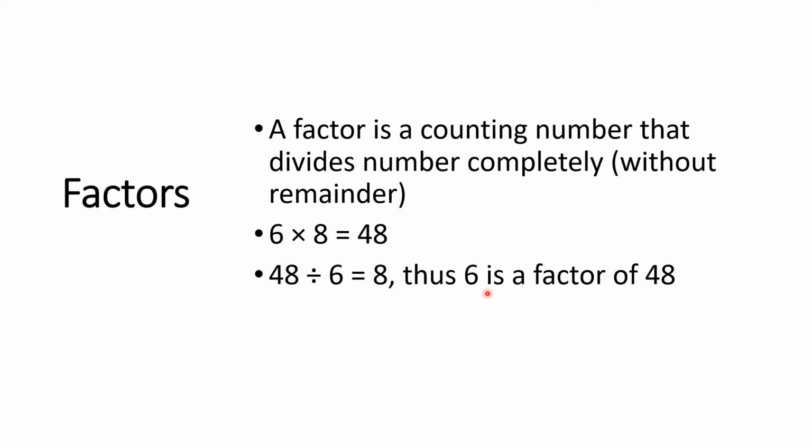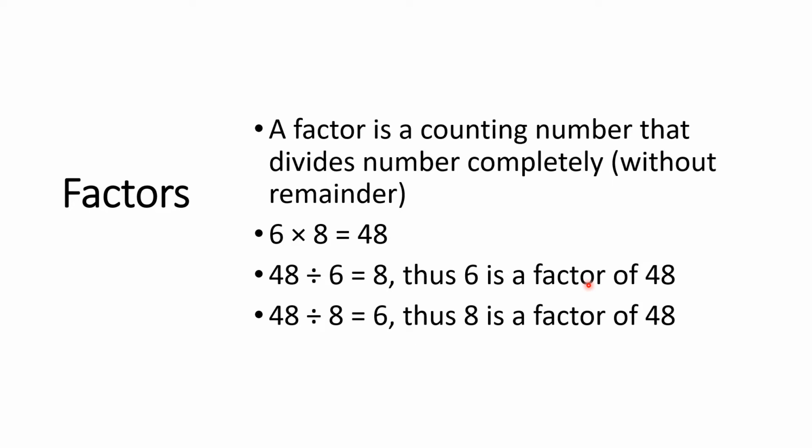Yes, it means 6 is a factor of 48. And why is it a factor of 48? Because when this number 6 divides 48, there is no remainder. In a similar way, 8 is also a factor of 48 because 48 divided by 8 equals 6.